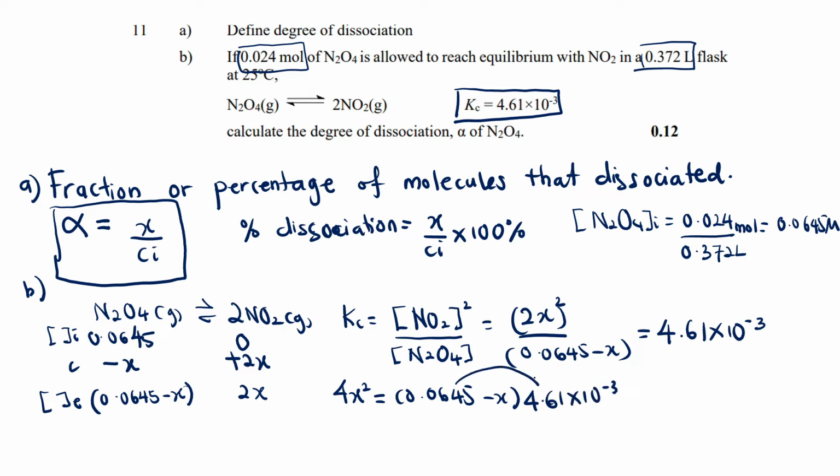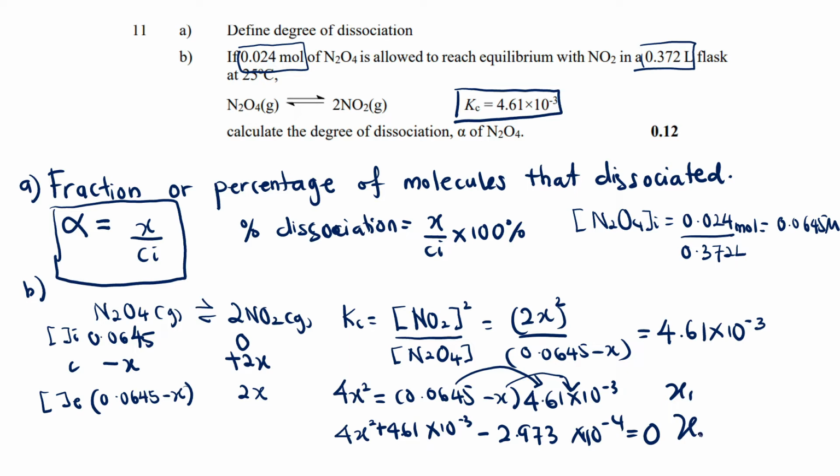Biasa kita expand this equation, we arrange the equation: 4x square plus 4.61 exponential negative 3 x minus 2.973 exponent negative 4 equal to 0. So bila kita dah ada this equation, kita kena solve untuk apa? To find x1 dan juga the value of x2. Solve gunakan apa? Quadratic.